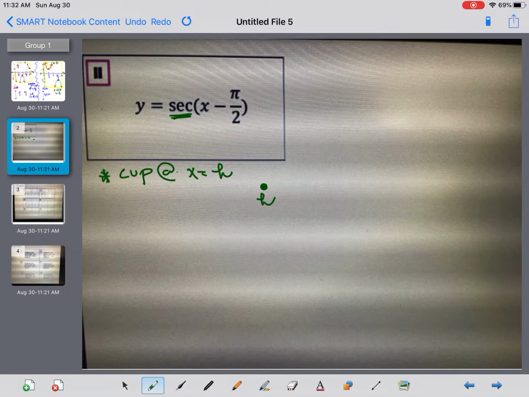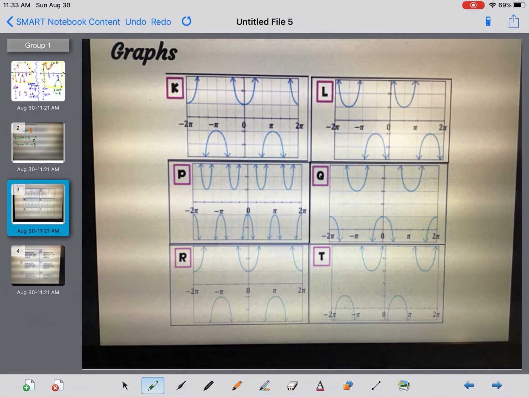So that means that there should be a point at wherever h is where this cup starts to go up like that. And it turns out that should be at positive pi over 2, okay? So we should have an up cup, because this is a positive function, an up cup at x equals pi over 2.